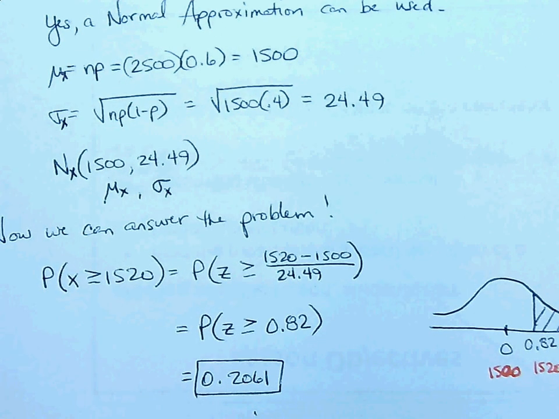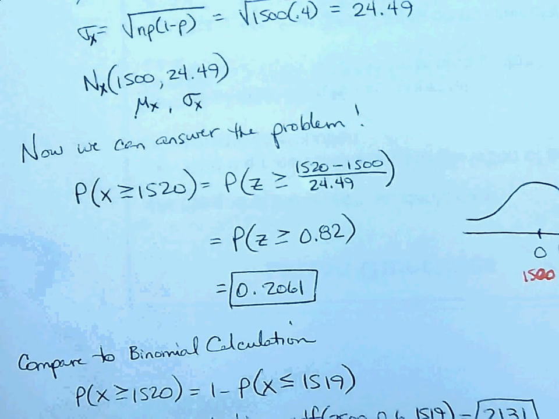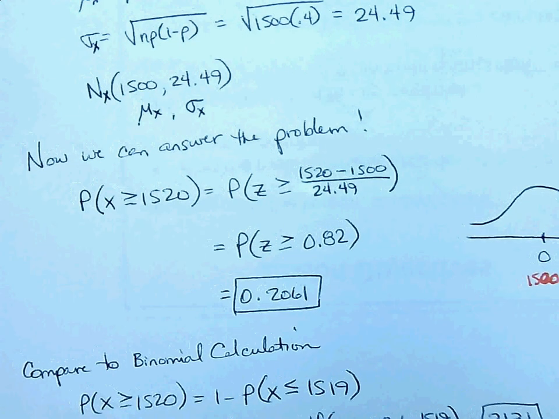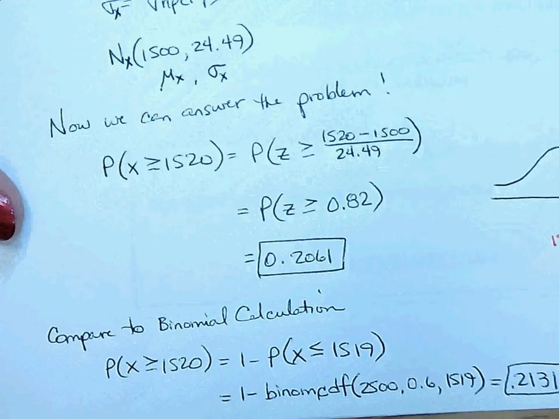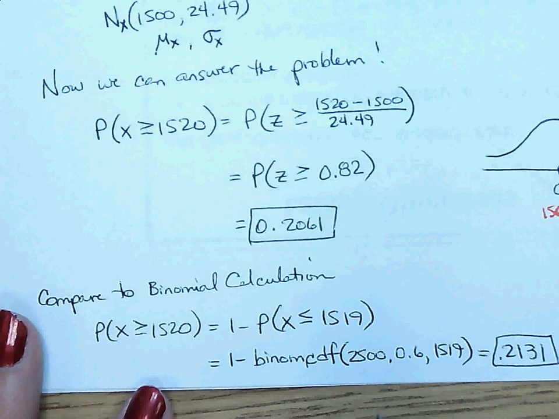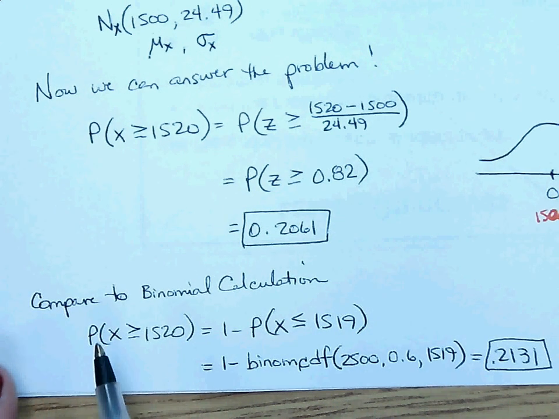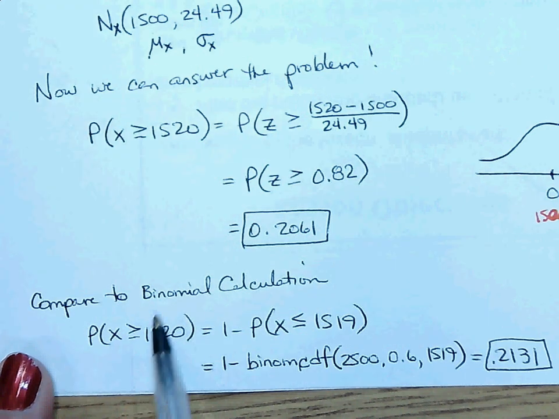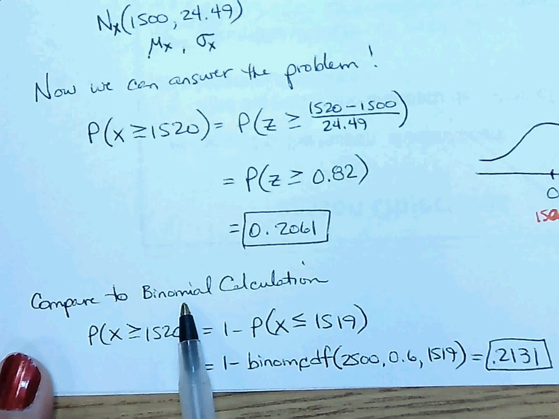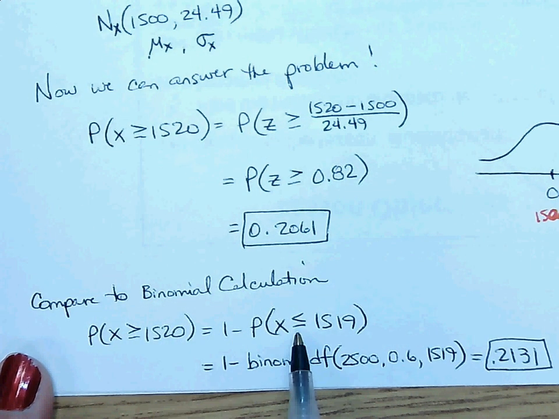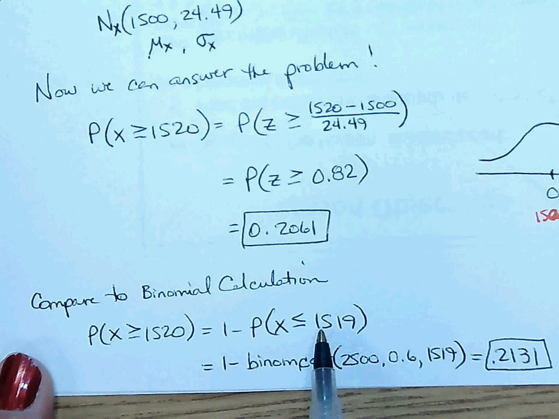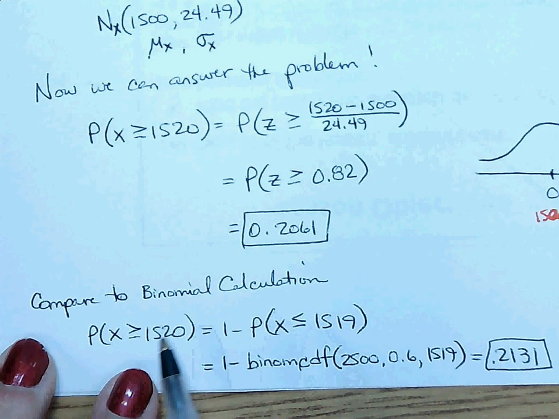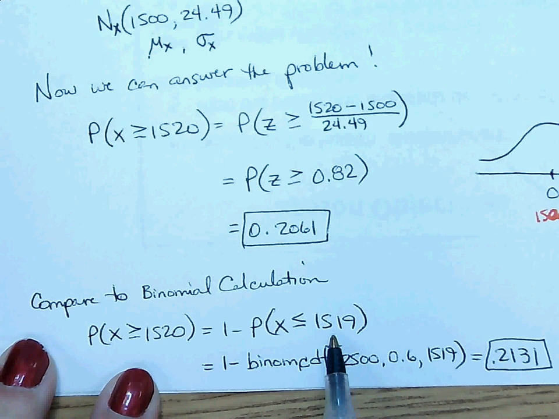Now, if I went back and did this with a binomial calculation, which I wouldn't do because I've already proven that I can use my normal approximation. If I looked at it from a binomial standpoint, I would say the probability that x is greater than or equal to 1,520. Now we're back in binomial land. That means it's discrete. That's going to equal 1 minus the probability that x is less than or equal to 1519, not 1520, but 1519.